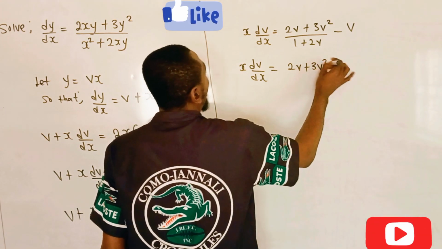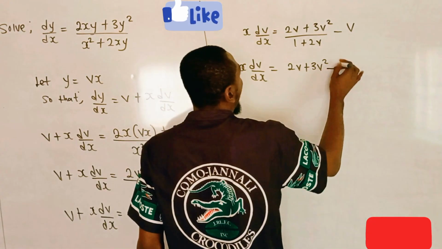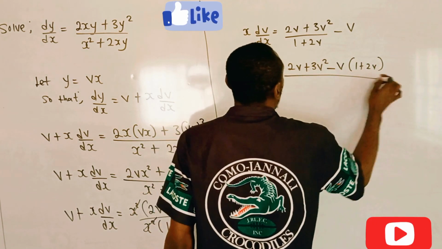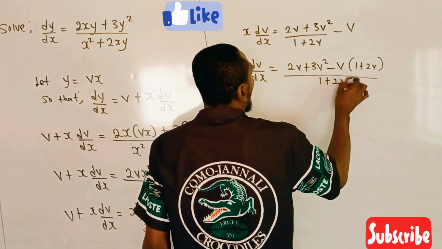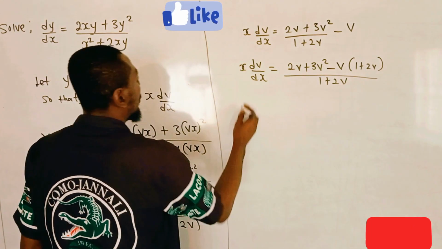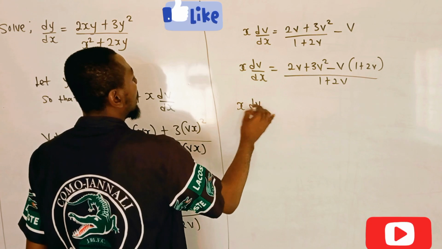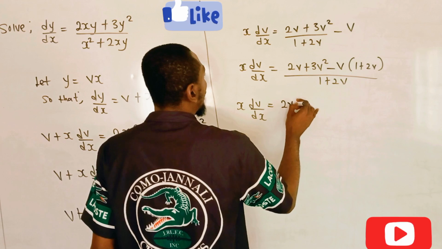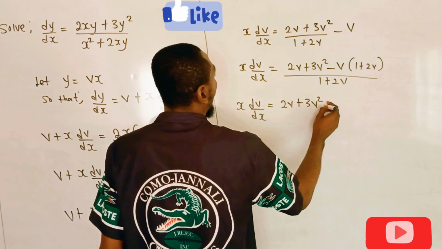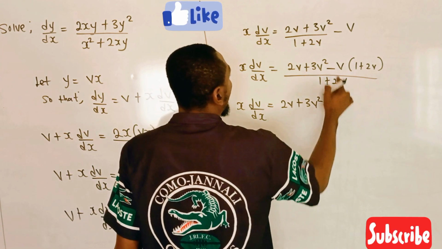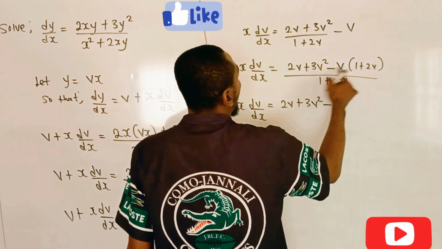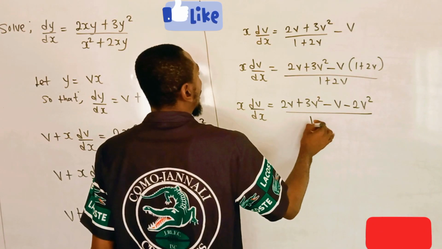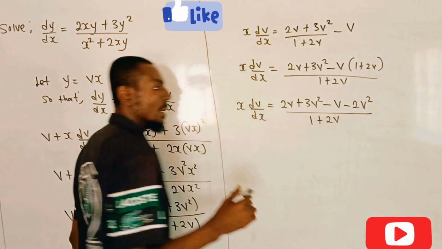plus 3v squared, everything here multiplied by v, we have minus v multiplied by 1 plus 2v all over 1 plus 2v by LCM. So we have x dv over dx is equal to 2v plus 3v squared minus v by 1 is minus v, by 2v is minus 2v squared all over 1 plus 2v.